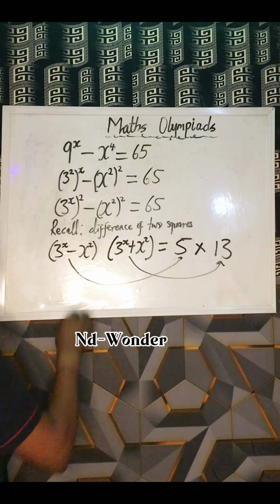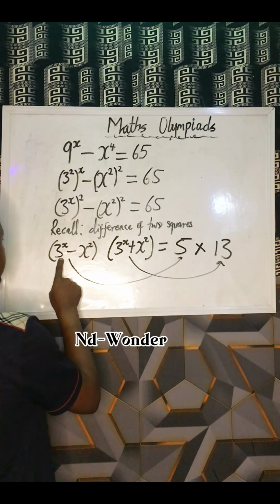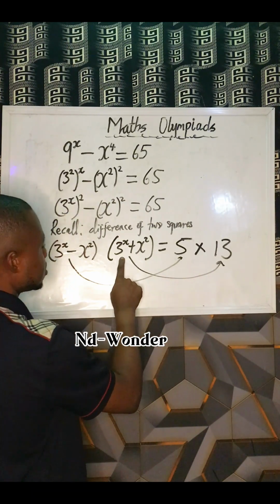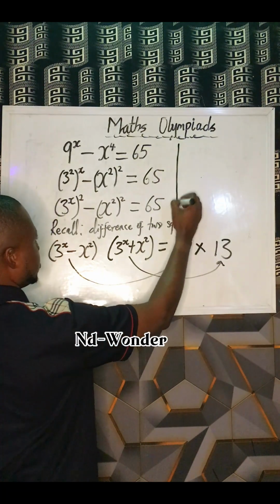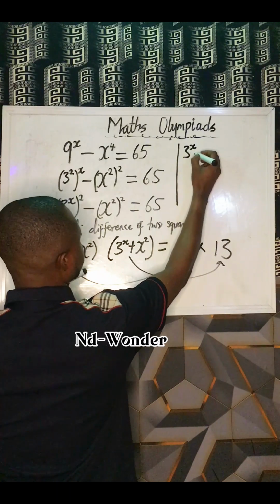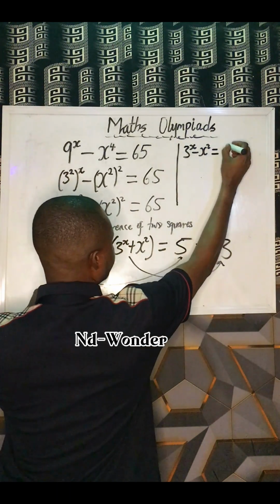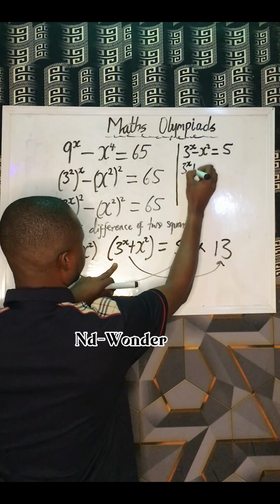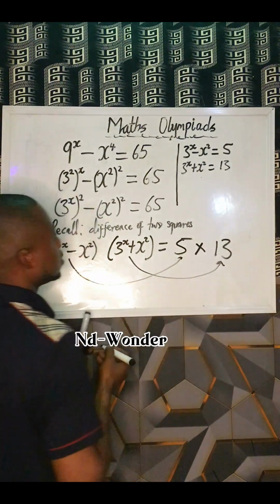Finally, we can equate the values. 3 to the power x minus x squared will be equal to 5, while 3 to the power x plus x squared will be equal to 13. So at this point, I'll have 3 raised to the power x minus x squared is equal to 5, and 3 raised to the power x plus x squared will be equal to 13.